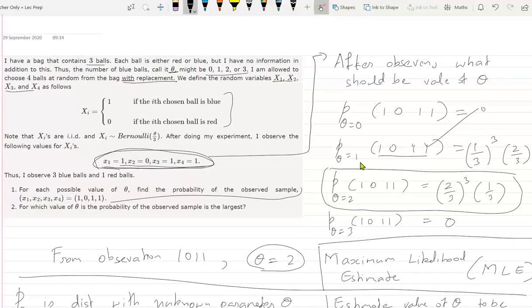When you do probability in this way, it is called classical statistics. In classical statistics, we assume that we don't know this parameter theta at all. It can take any possible value.